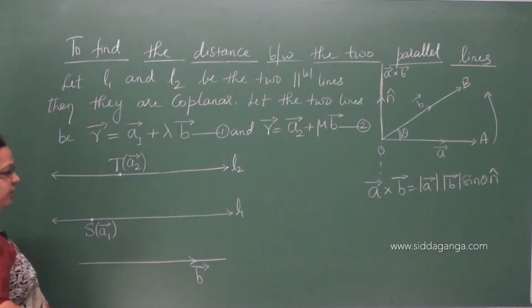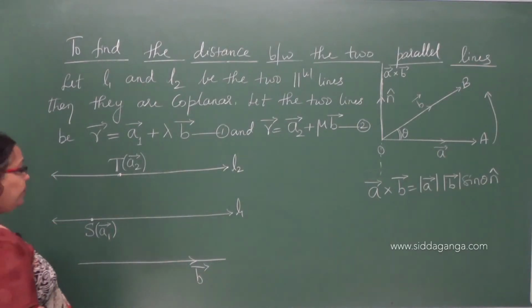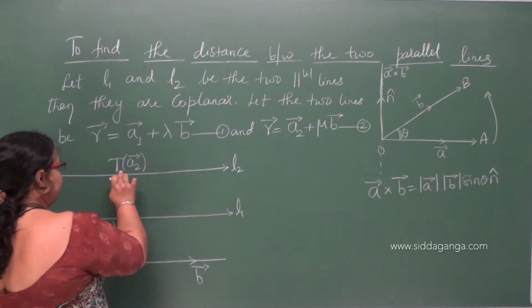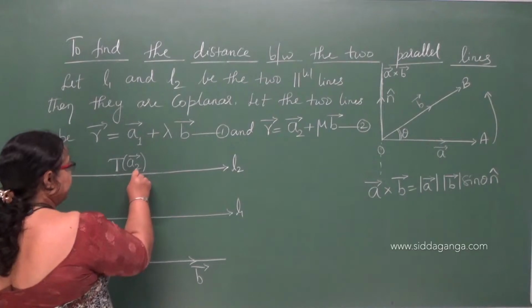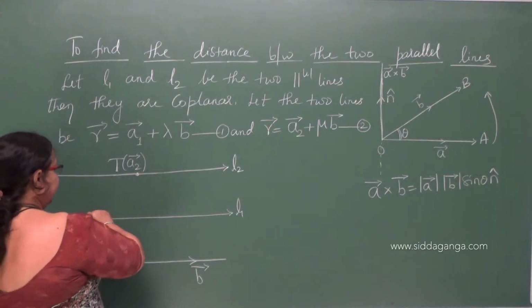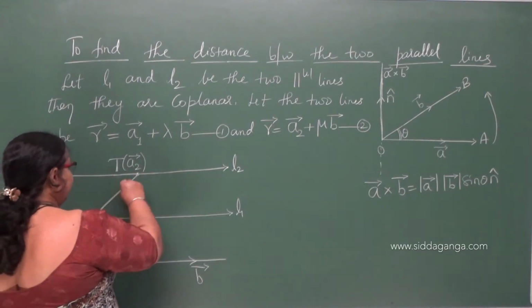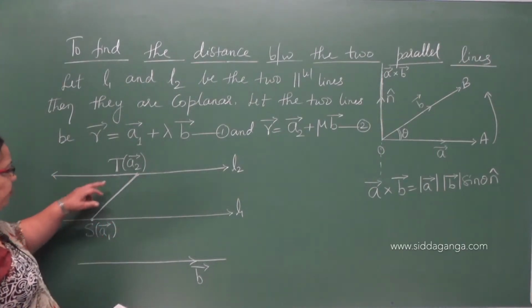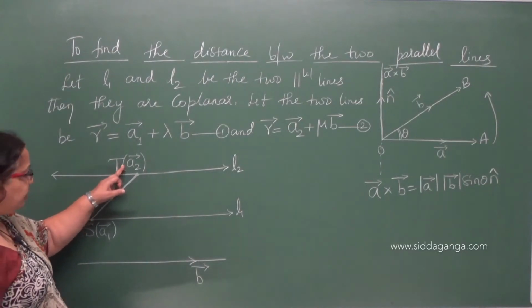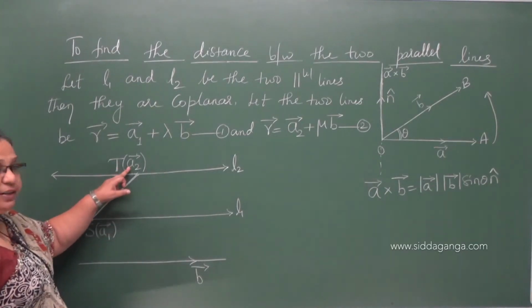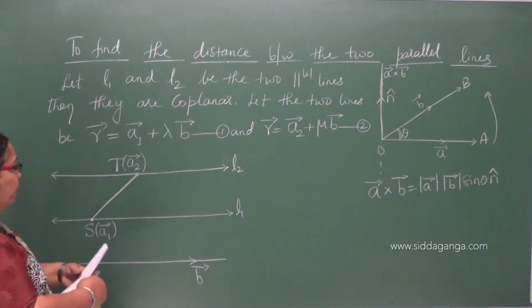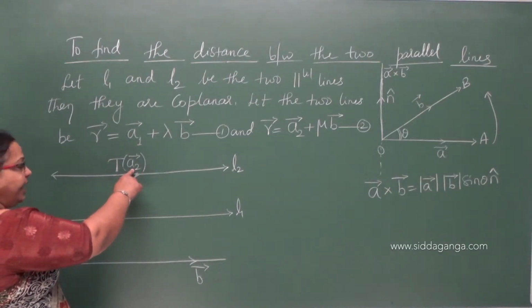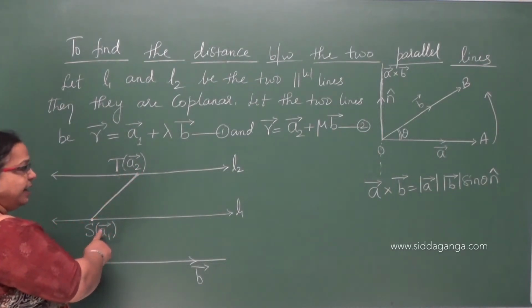Now the distance between the two lines: let's take this point T here. We join ST. So S and T are the two points whose position vectors are vector a1 and vector a2. Therefore, vector ST is equal to vector a2 minus vector a1.